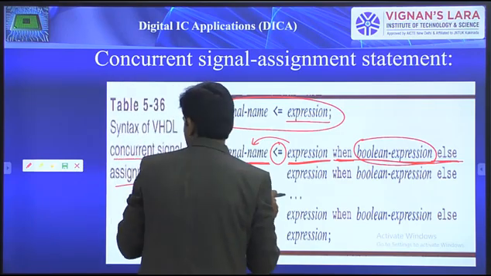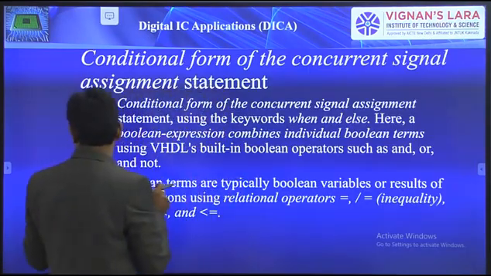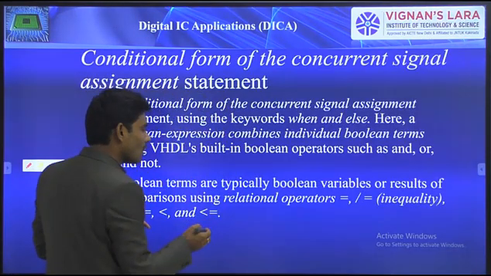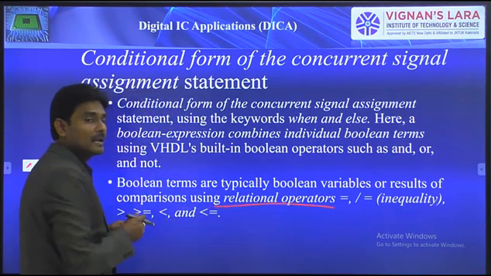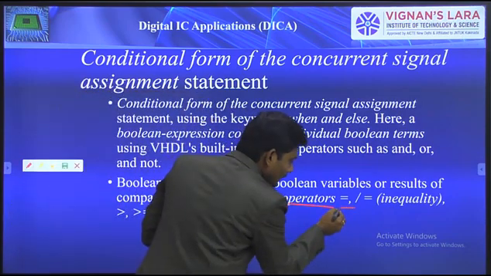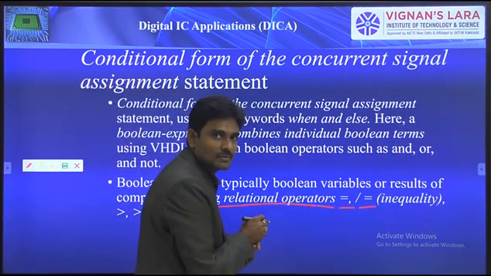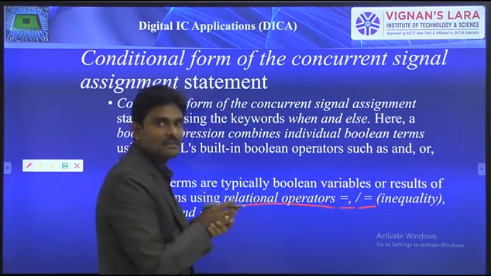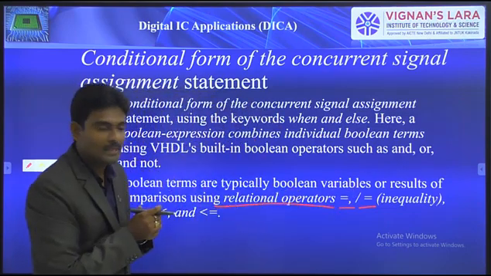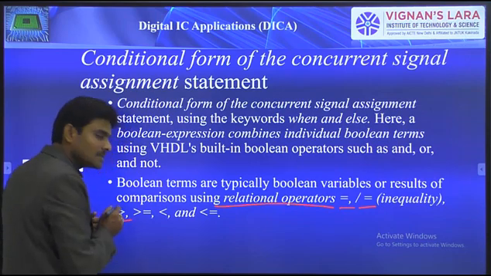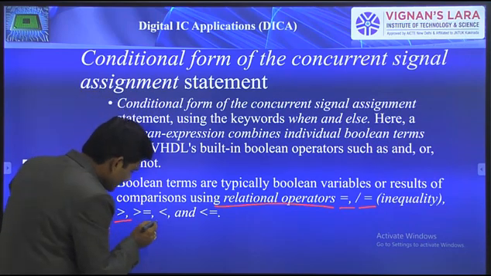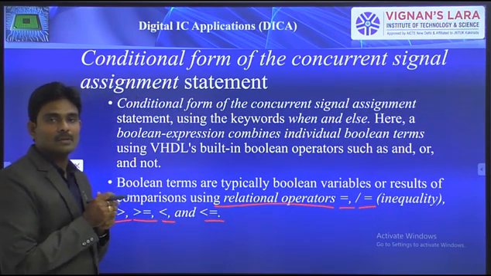Those relational operators look like this; you are already aware of them. All these are relational operators: equals to, not equals to, which is slash equals to, that is inequality, and another relational operator, greater than or equals to, less than, and less than or equals to.